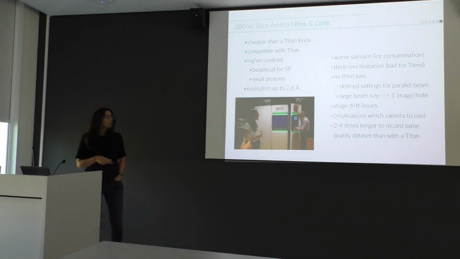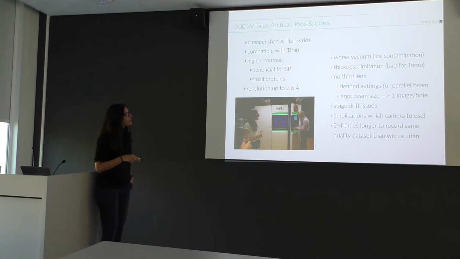So just summarizing this, the stage drift might have an implication for the camera you want to use. I put this in brackets because if you have a stage drift, this is something you will not be able to correct with motion correction, because anything that moved within the frame you collected cannot be corrected. So if you think about the Falcon camera, which has a very long exposure time, this would become a serious problem.